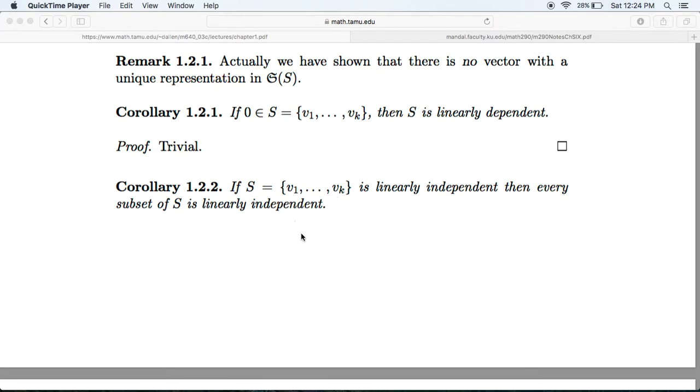So we see that linear independence means inability to write the 0 vector as a non-trivial linear combination of the vectors. The only way is the trivial combination of all zeros.